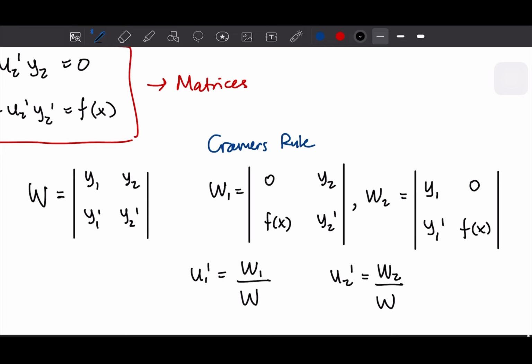But of course, since we need the Wronskian, like we have y1, y2, and y1 prime, y2 prime, we need to make sure that we are able to find this derivative, and when we solve this determinant, we can make sure that we have our answer.